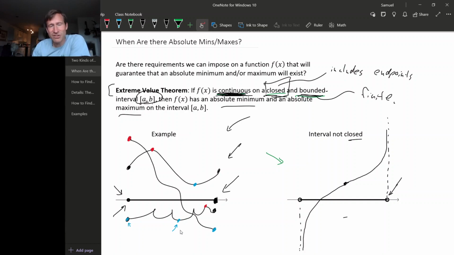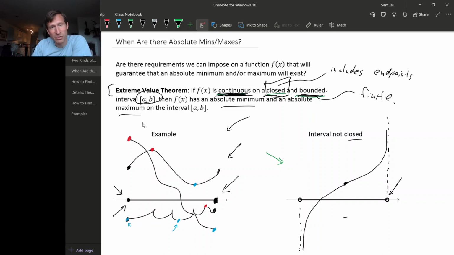So what we'll have to ask ourselves is, on a function like this, on a closed and bounded interval, where could the absolute minimums and maximums be hiding? Where could they be? There are two broad classes of places you might have an absolute minimum and maximum. They might be at the endpoints, or they might be in the middle somewhere.